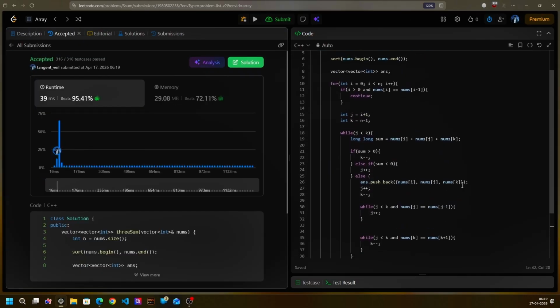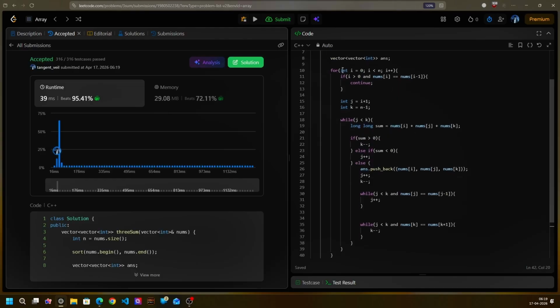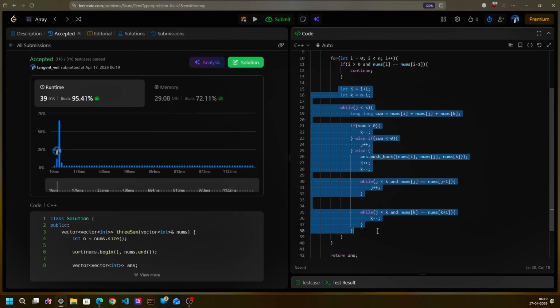So in this we are using sorting and 2 pointers, and we are keeping our i fixed here. So i is not depending on any condition. Here we are checking if our current value equals the previous, that means we will skip this whole iteration. Okay, and we are controlling our j and k based on the condition which is sum.